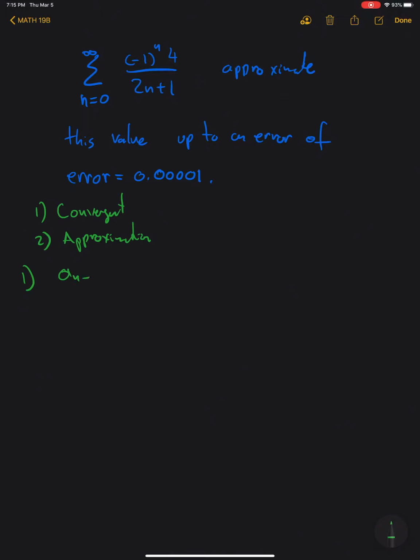Notice that the sequence that is associated with the series is negative 1 to the power n times 4 divided by 2n plus 1. Now this is an alternating series, which means that we are going to use the alternating test.